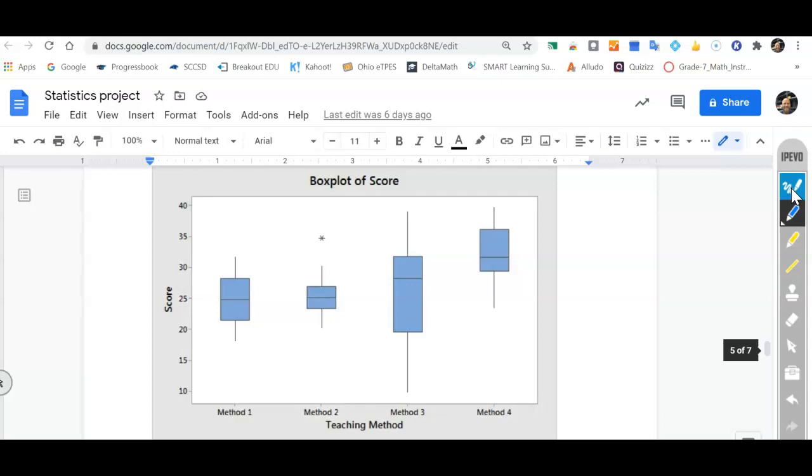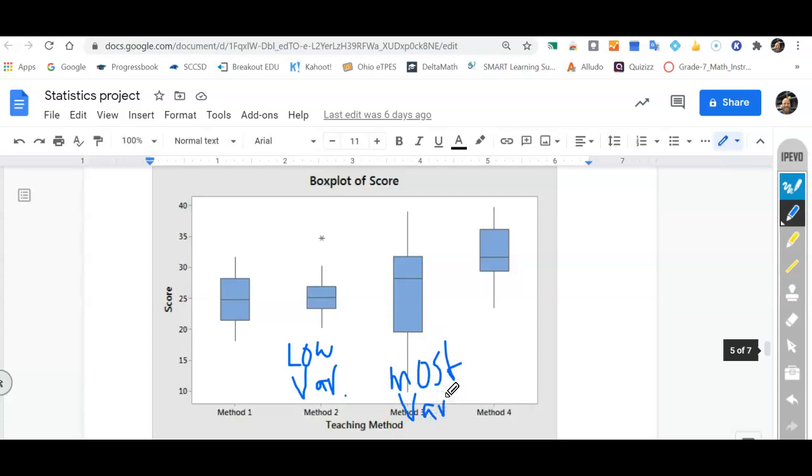Amir, which one do you think? Three, you would say, is most consistent? Right, three would be the least consistent, right? Least variable. So the lower variability is more consistent. So we would say this one has a low variability. This one has the most variability, right? Or a high variability.